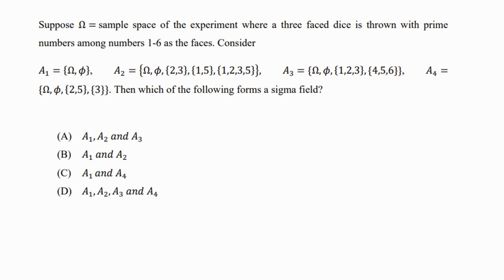But here we have finite points, so how will it satisfy the condition? Okay, so a sigma field is basically one where we have the empty set and the total space. If we take this sample space as omega, then the sigma field must contain this and the empty set, right?